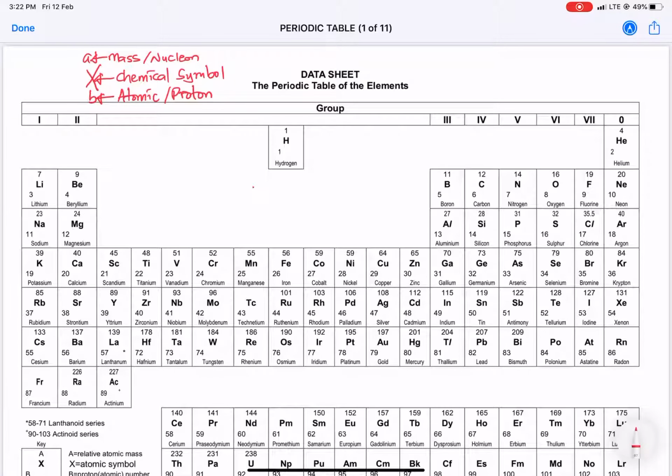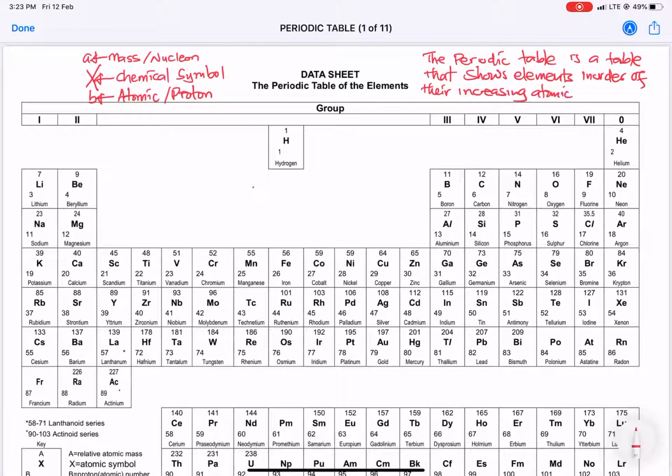I just said that the periodic table is a table that shows elements in order of their increasing atomic numbers.